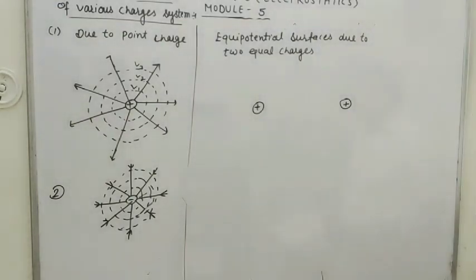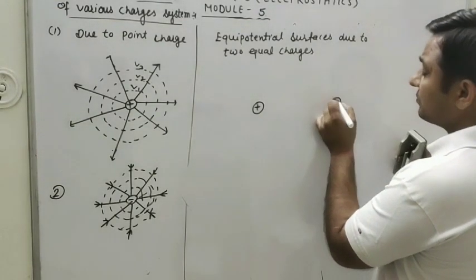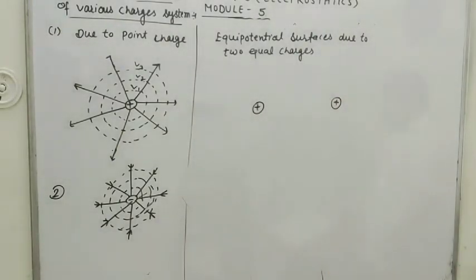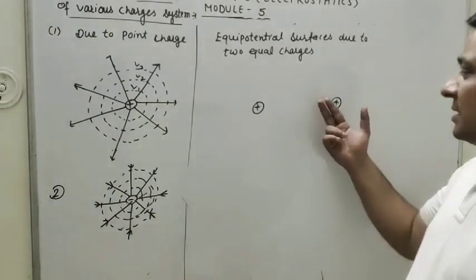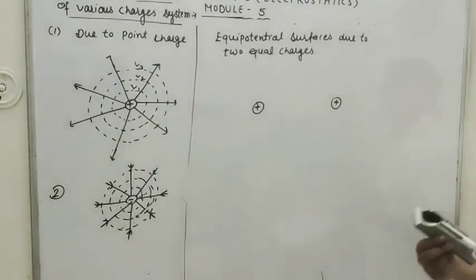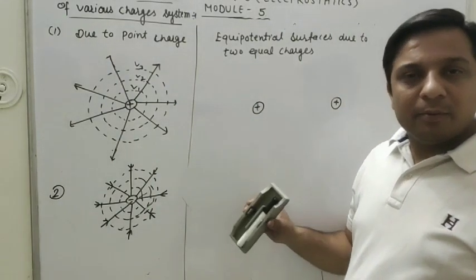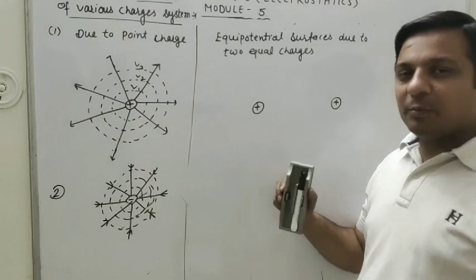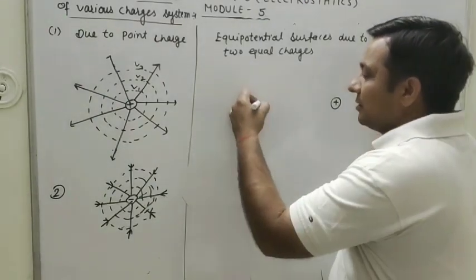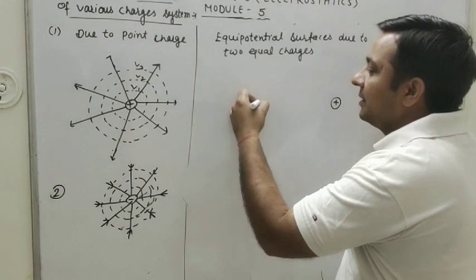If there are two positive charges, do you know what type of electric field lines there are between them? You know, because they will repel each other, and in the previous chapter you noted the diagram of electric field lines. Because they repel, the electric field lines will bend like this.